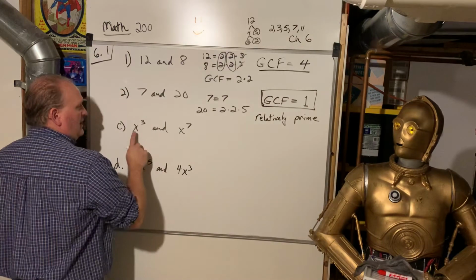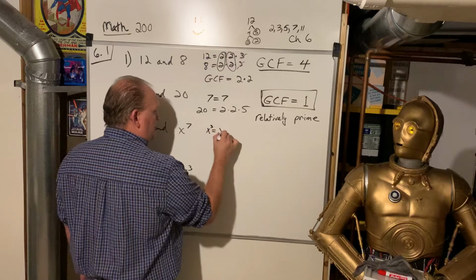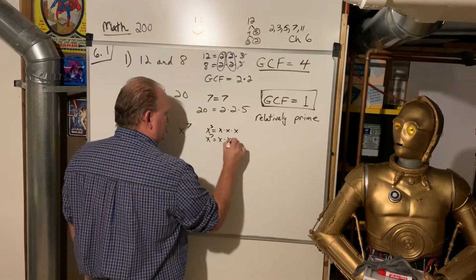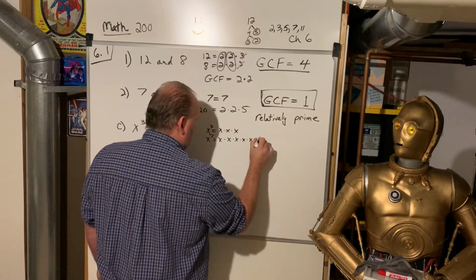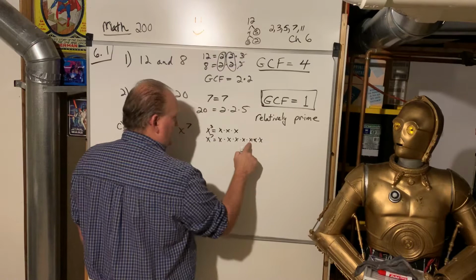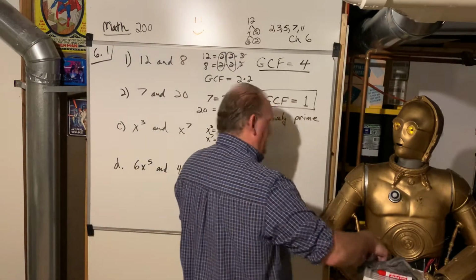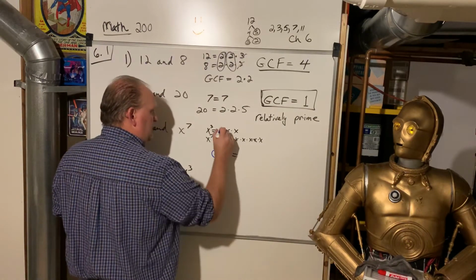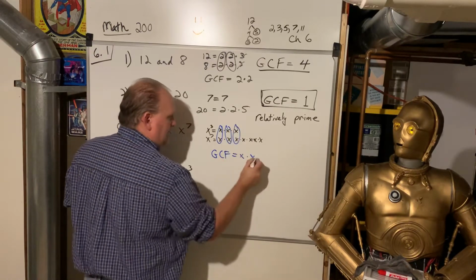All right? X to the third, x to the seventh. We could do it like this. X to the third is x times x times x. X to the seventh is x times x times x times x times x times x times x. 2, 3, 4, 5, 6, 7. Now only what they have in common for the GCF. So there's an x, there's an x, there's an x.